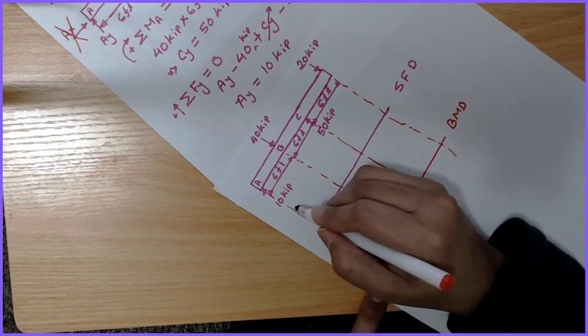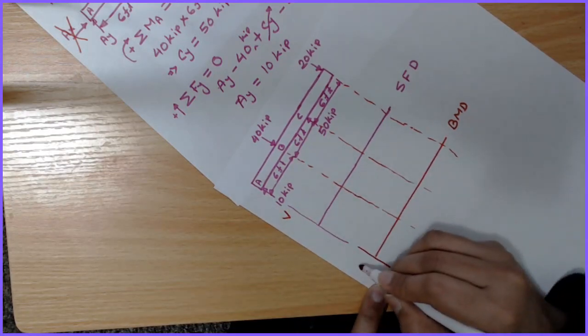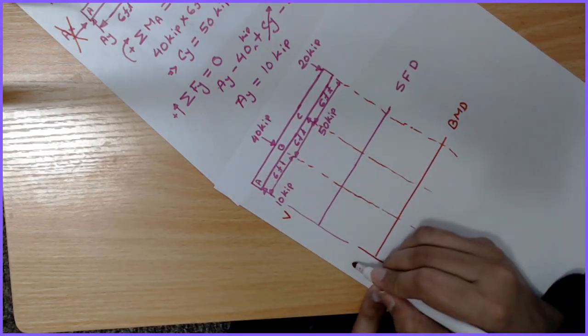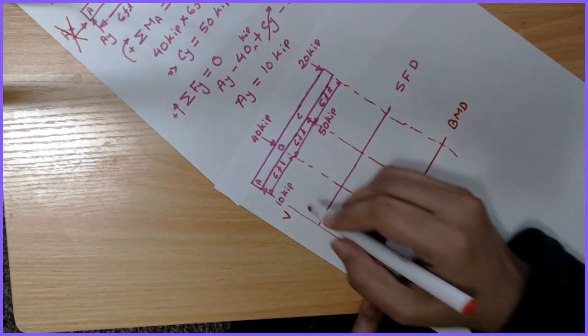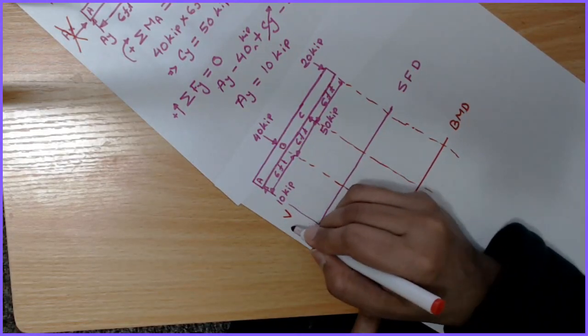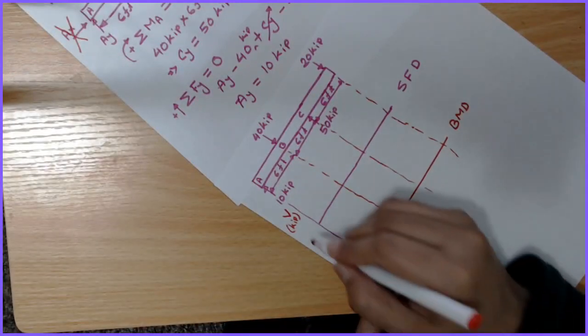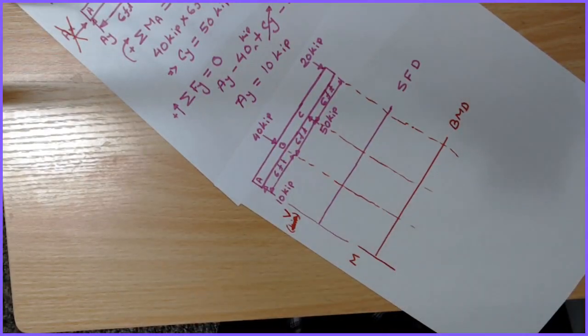So this unit is, this is V, this is M, and the unit of V is kip.